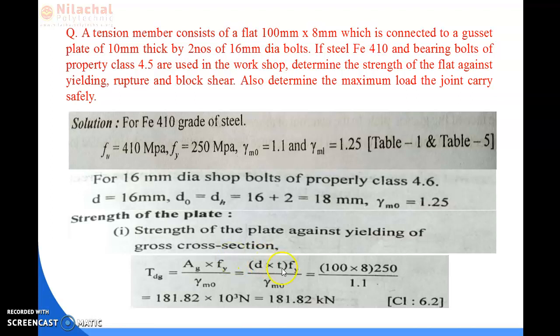Putting in the values, 100 into 8 into 250 divided by 1.1, you get 181.82 kilonewton. This is your strength in yielding of the tension member.